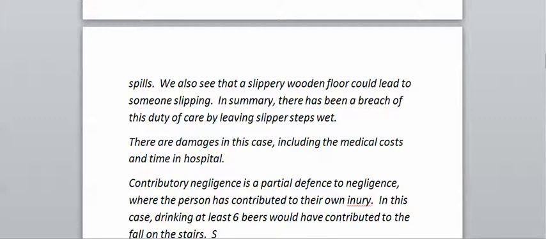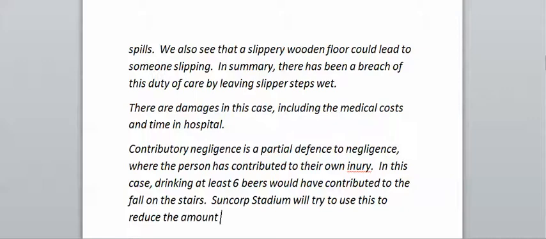Well, it might mean that Suncorp Stadium will try to use this to reduce the amount of damages. And we probably don't know that. We might just be better to put that as a statement of opinion. Suncorp Stadium might or are likely, something of that, because we don't exactly know what they're going to do. Suncorp Stadium might try to use this to reduce the amount of damages paid.